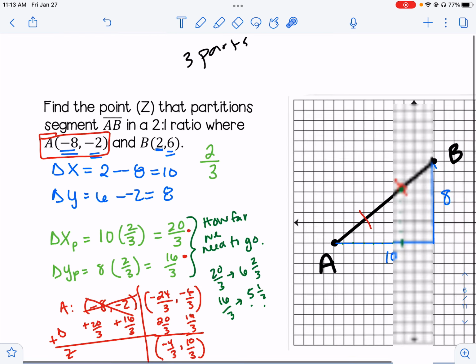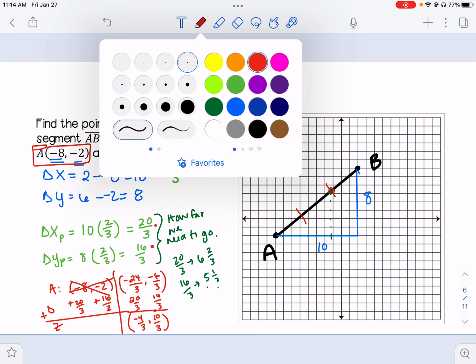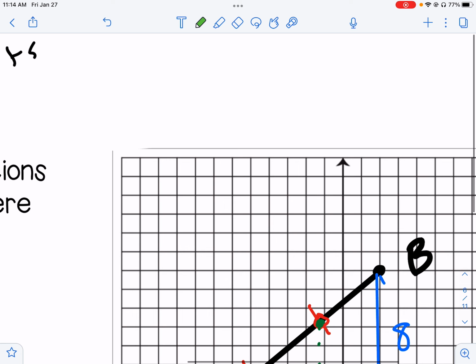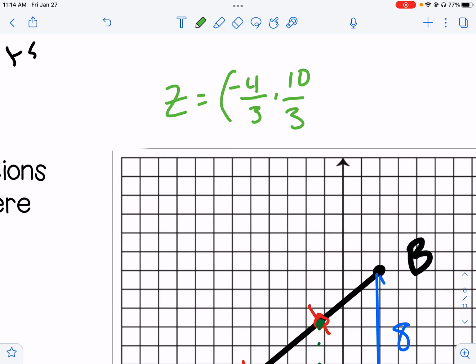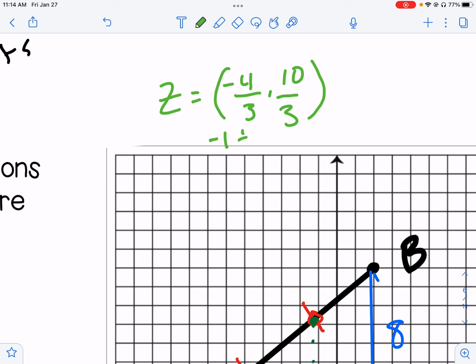So this right here should be my final point. Let's try it and see if it works. So we said the coordinate point that we came up with for Z was equal to (-4/3, 10/3). Negative 4/3 is really negative 1 and a third. 10/3 is really 3 and a third.